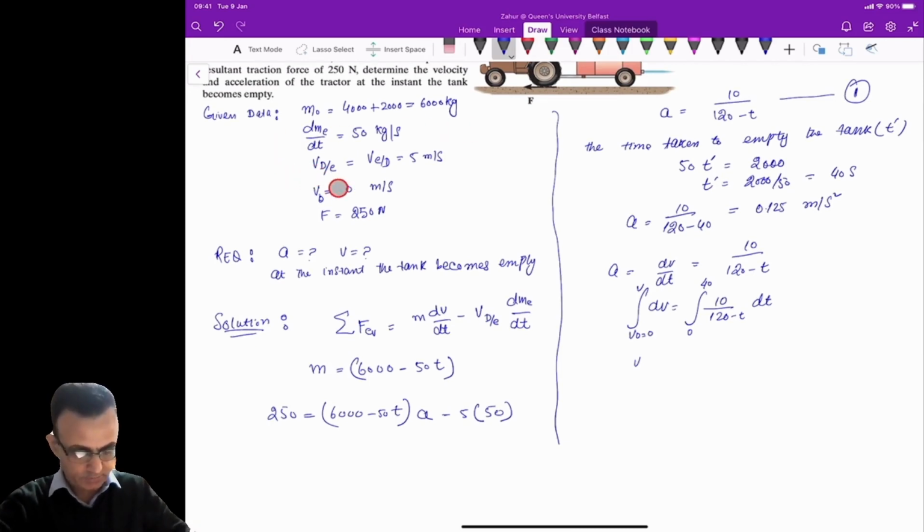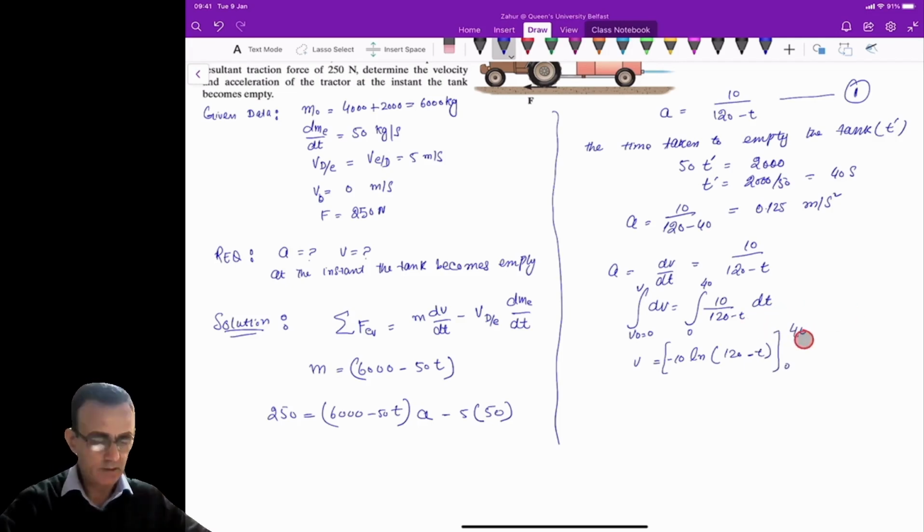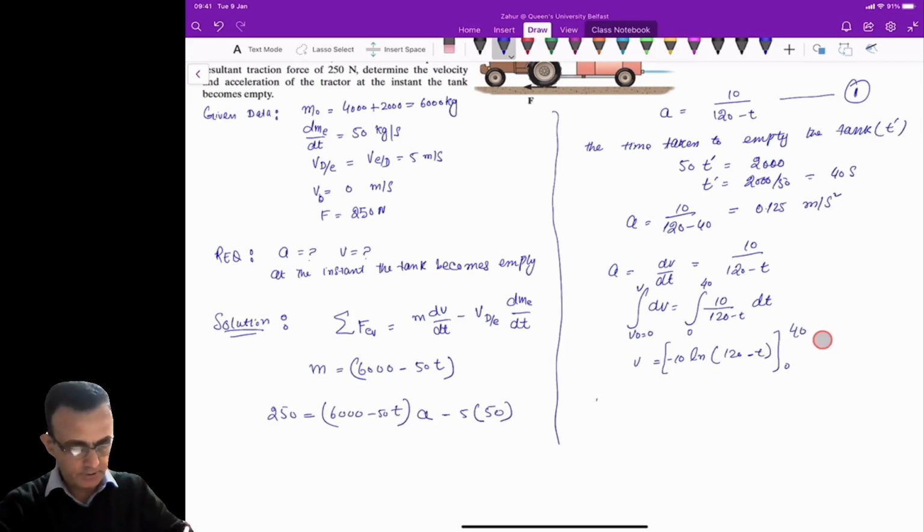On the right hand side, as you can see, it will become equal to 10 and minus ln of 120 minus t, if you just do this integration, and you put the limits here from 0 to 40.